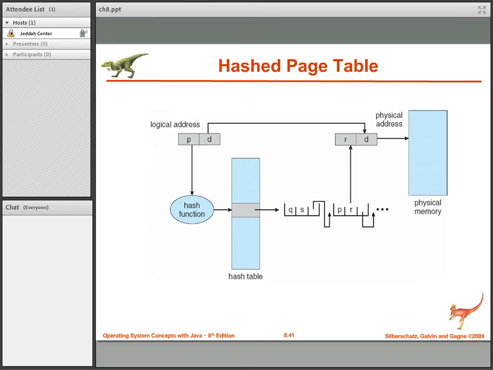When it finds that, then it uses that in the formulation or mapping to the physical address, but of course it has to add the D to it before giving the final physical address in the physical memory.